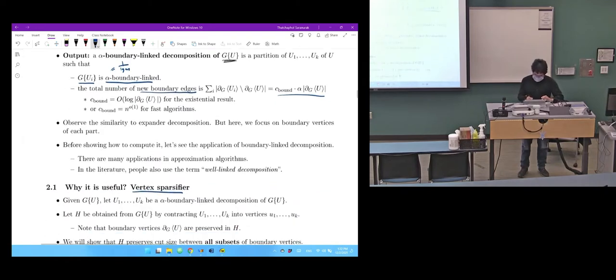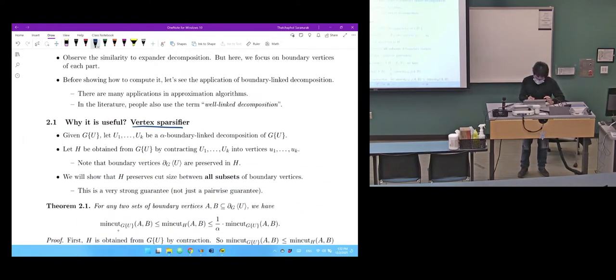It preserves the minimum cut between every subset of battery vertices. But there is some approximation of log n, right?